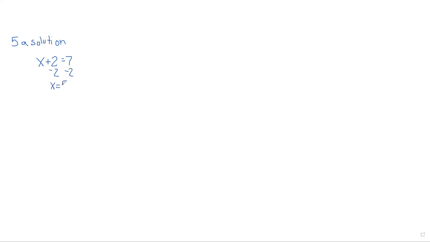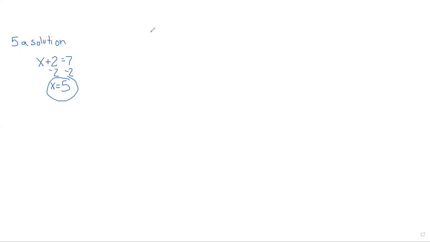Well, yes, 5 is a solution, so that works. The problem with that is, if you make a mistake solving it, then you're not going to know that was really a solution. And actually this technique where we're substituting them back in is how you check your work to know if you got an answer right.